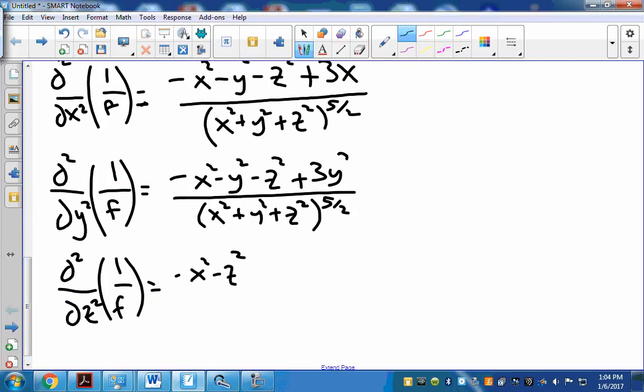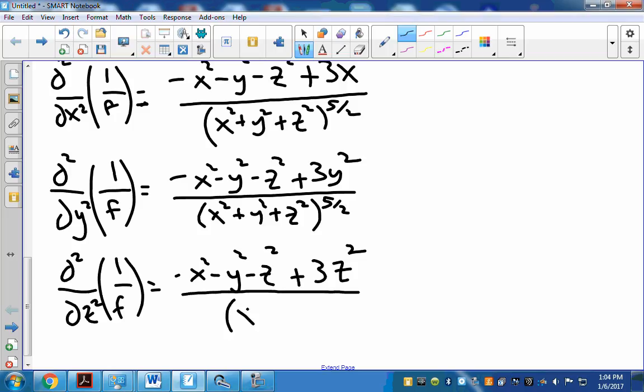I know what I'm supposed to get in the end. That's the frustrating thing here. I'm sort of jumping ahead, but that's okay. (x squared plus y squared plus z squared) to the 5/2.